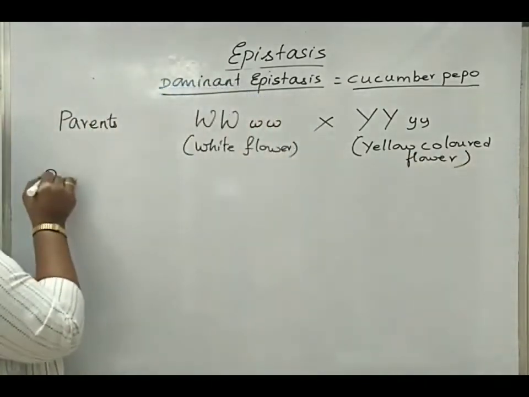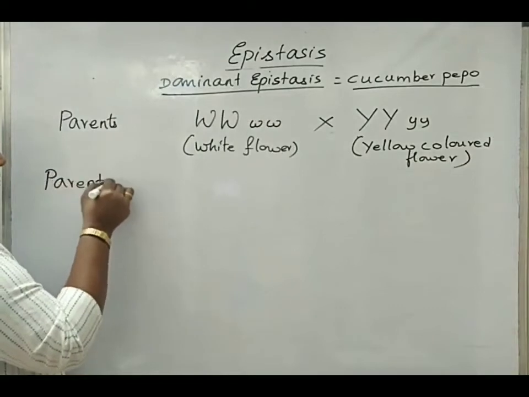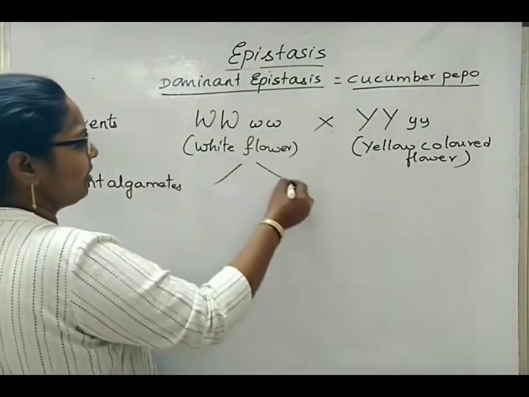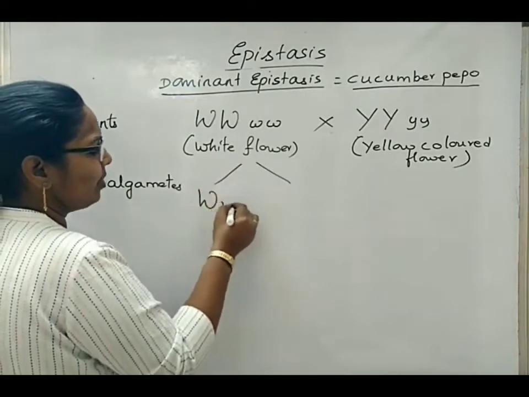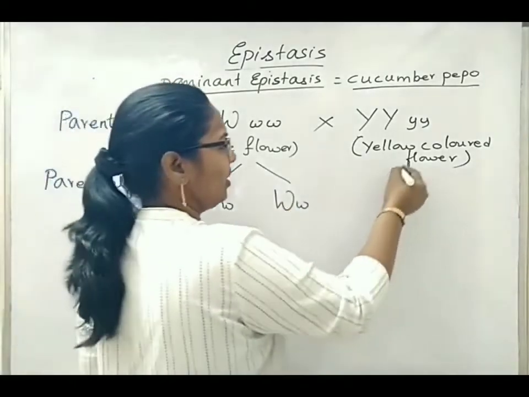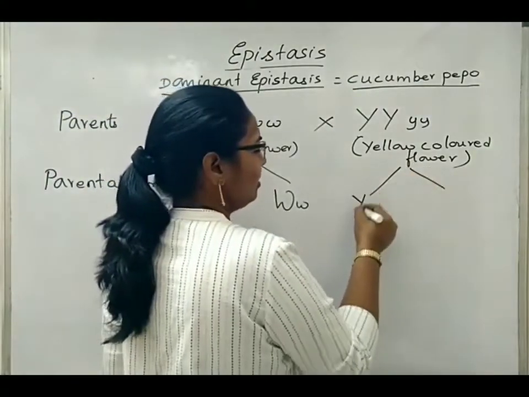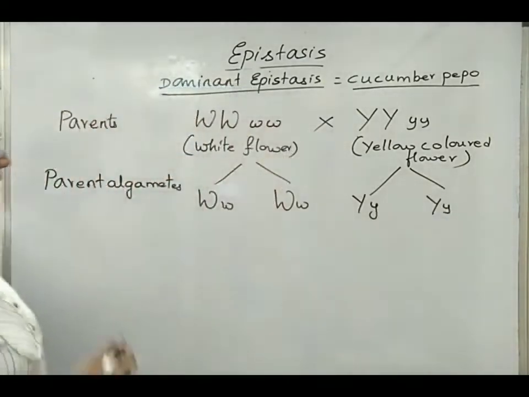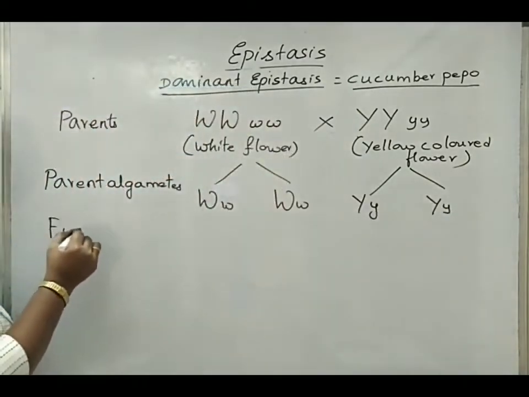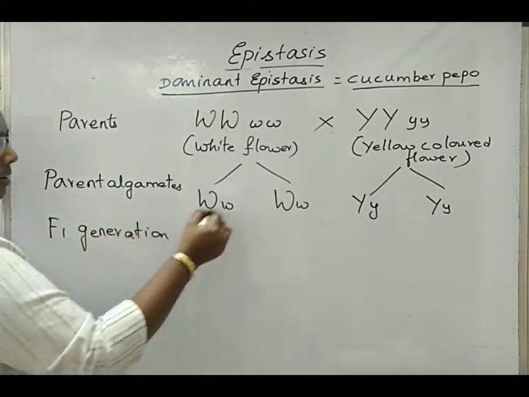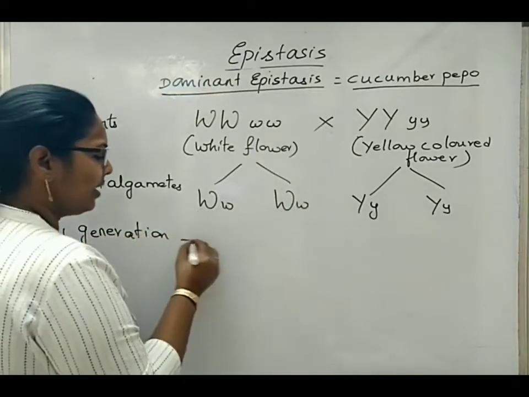If you take out the parental gametes, we can write one dominant form, one recessive form, again one dominant form, another recessive form. Here also let's separate the gametes like this. When we do the F1 cross to get the F1 generation, how does this get fused and appear?